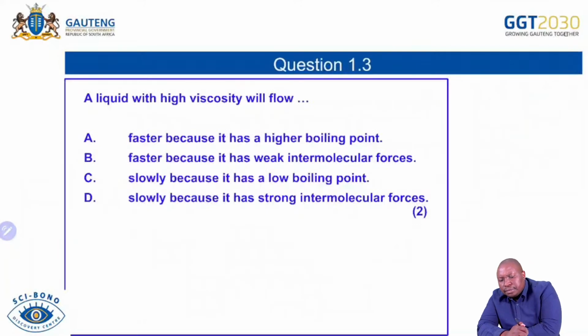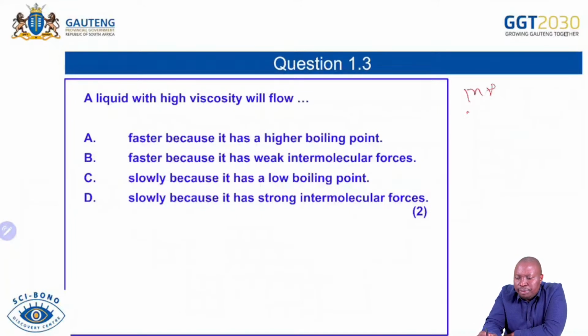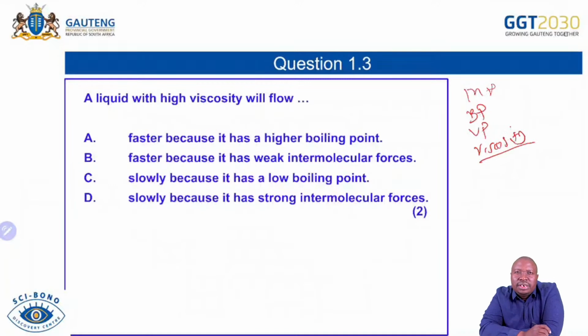Now, still to emphasize the issue of our physical properties, which is our third question, for technical science we deal with the melting point, the boiling point, the vapor pressure, and viscosity. Now, one thing that we have to understand, because this question is based on viscosity, is that it says a liquid with high viscosity.